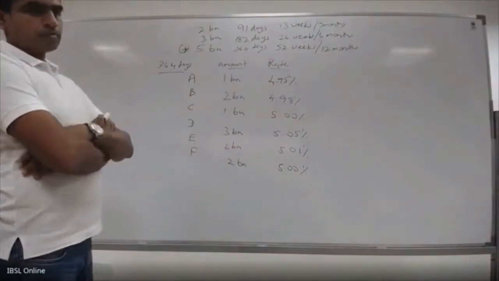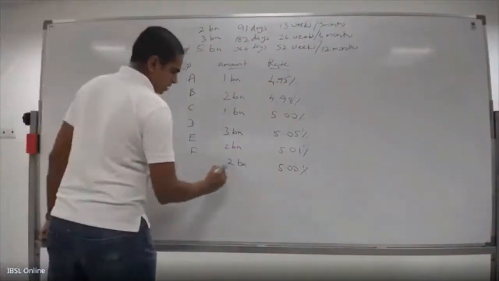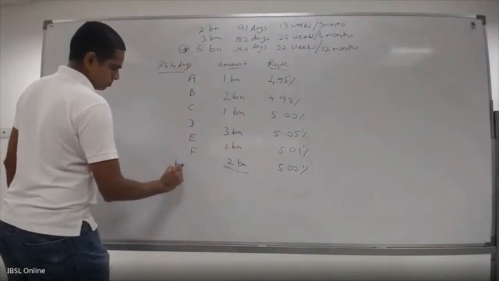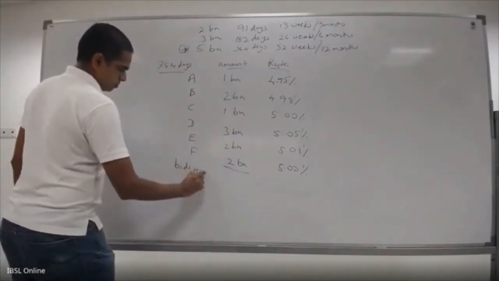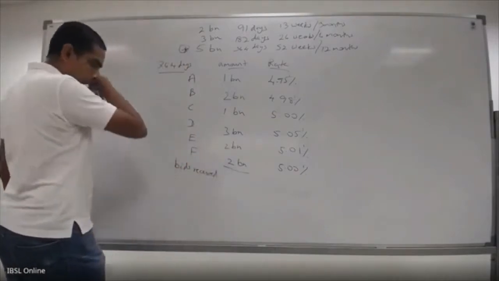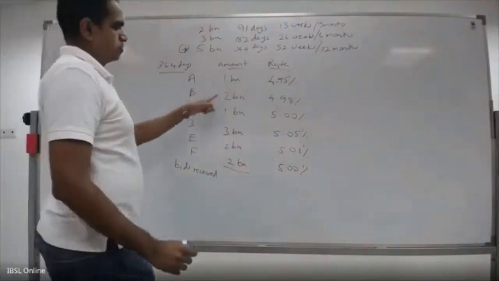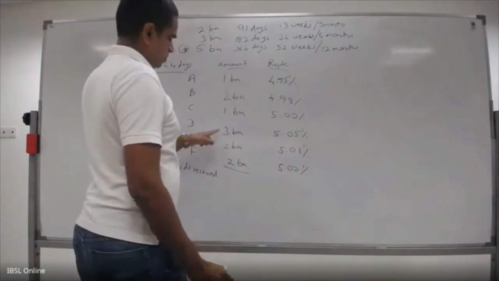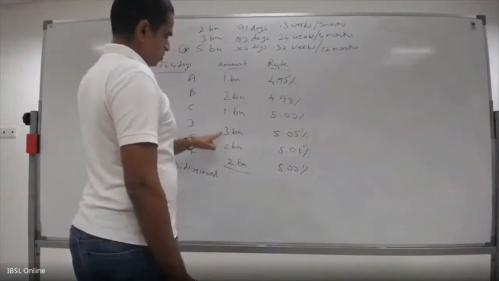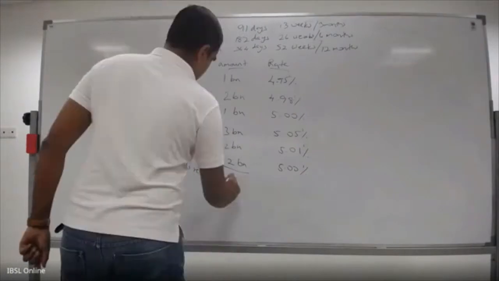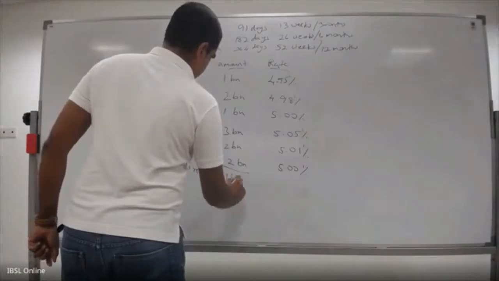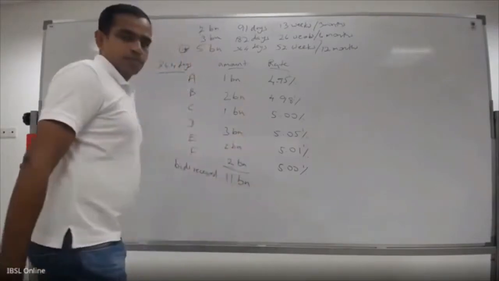Now the total bids that have been received will be 11 billion. Right. 11 billion bids received.